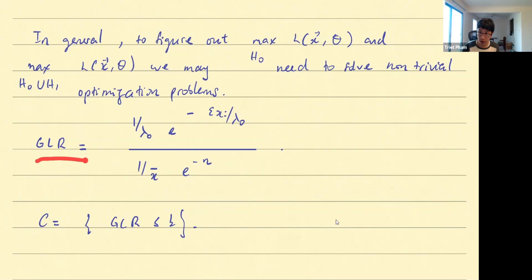What about lambda 0? Do I know the GLR after I observe the sample?